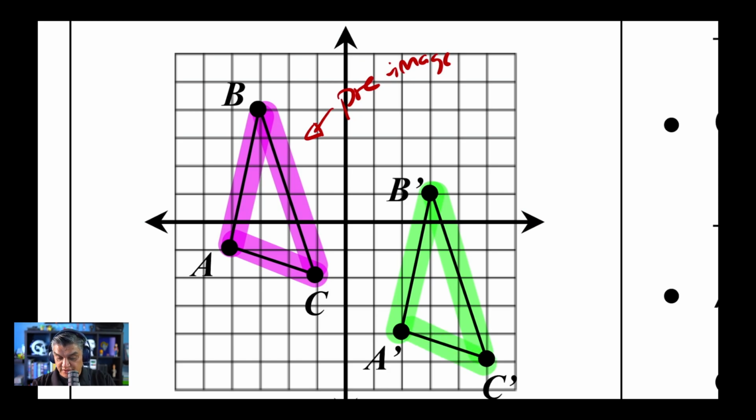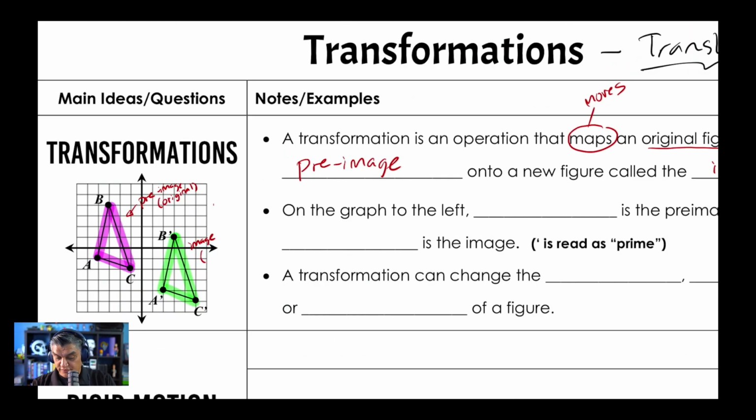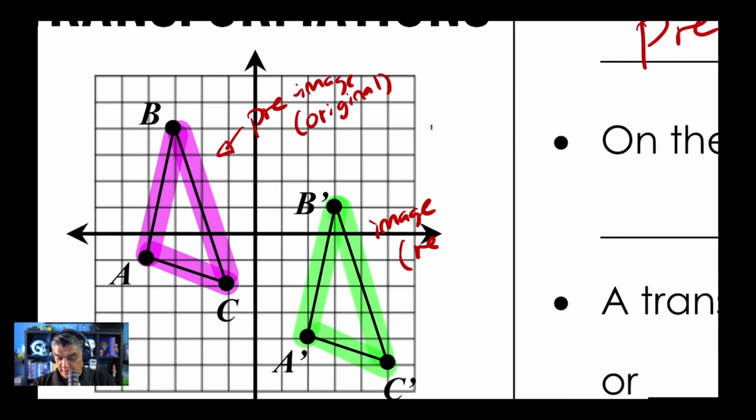So the pre-image is the OG, the original. And the image is the new figure.